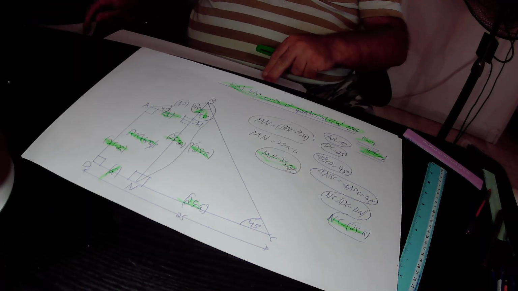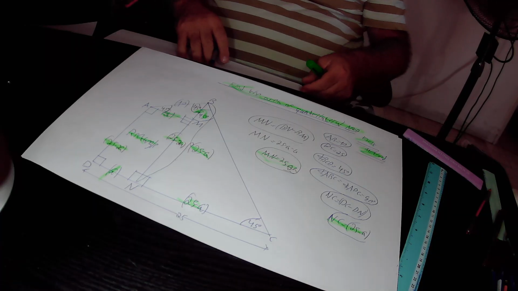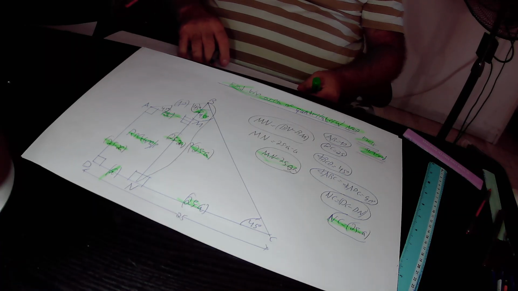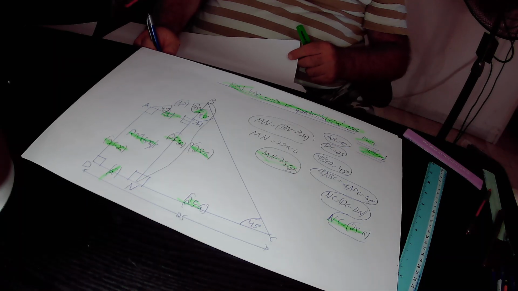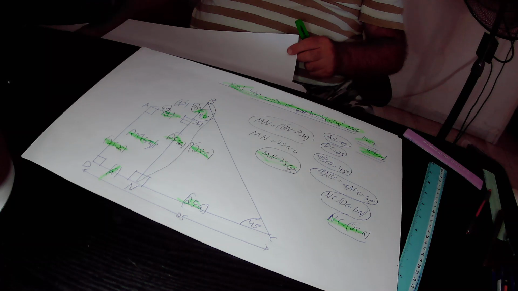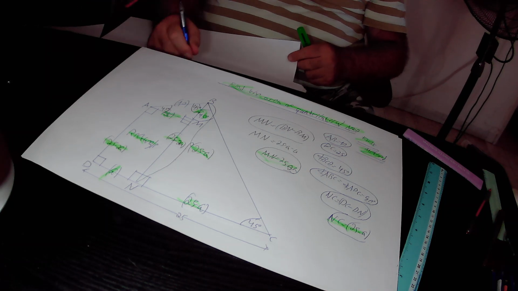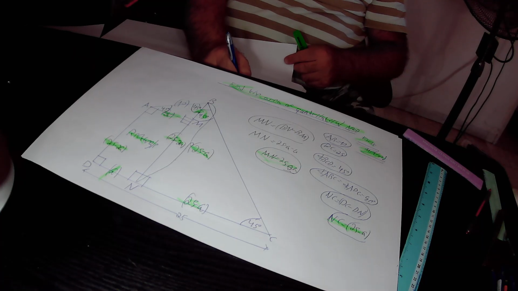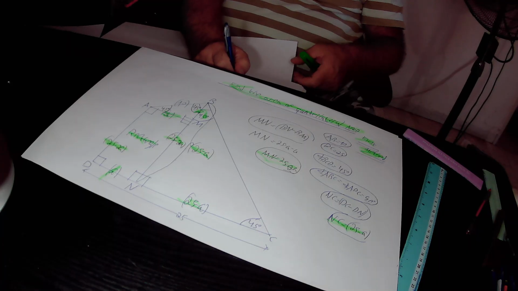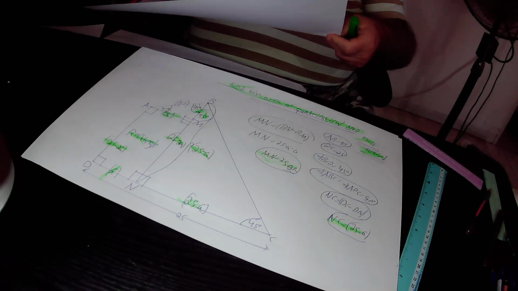Again, the area of this trapezoid ABND equals 50A minus 3A squared over 2.